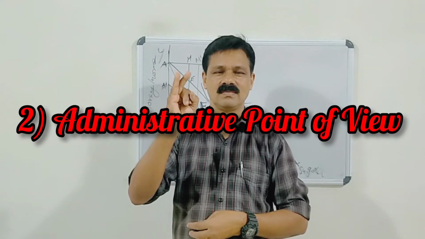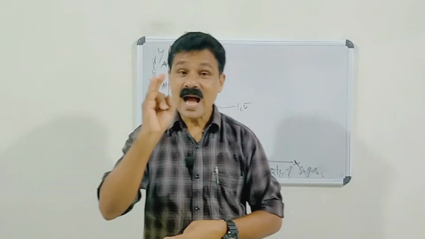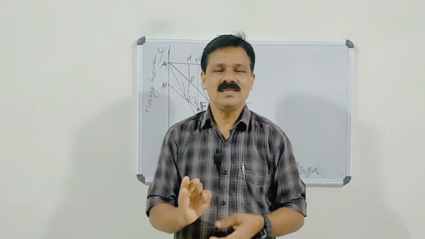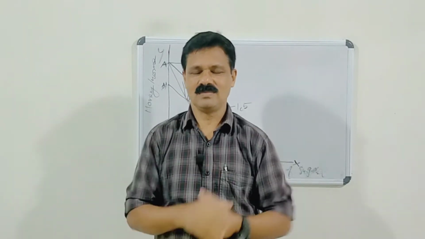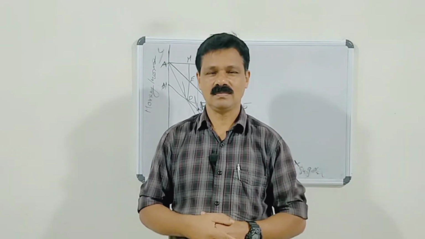Second one, the administrative point of view, that is administrative cost and efficiency. And third one is distributional effects. Very simple. First of all, what is the allocative aspect?